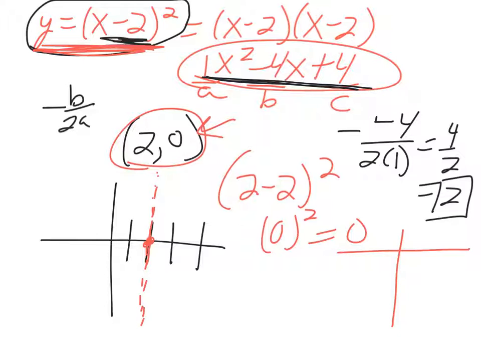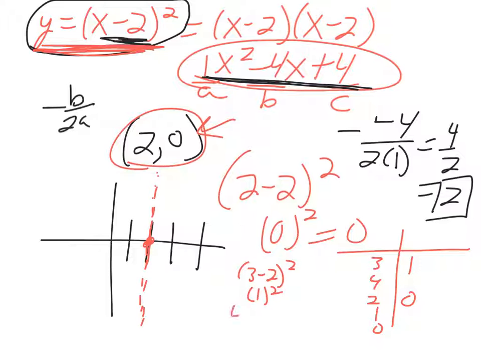Now if I made my table, I'd go 2 points to the right, 2 points to the left. So I'd go to 3, 4. I'm also going to put 2 in just to show you. Already know that's 2, 0. And then also to the left there, which would be 1 and 0. So if I put 3 in my equation for x, that'd be 1 squared, which would be 1.